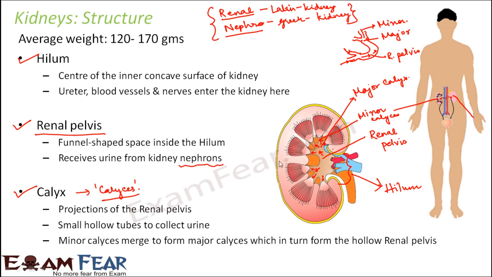So many minor calyces merge together to form one major calyx. Here, 3 minor calyces merge together to form one major calyx, and then 2 major calyces merge together to form one renal pelvis. So that is the concept of major and minor calyx.